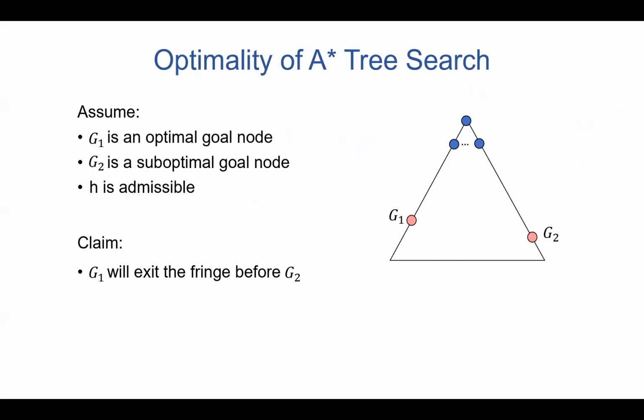For an admissible heuristic, remember, we're looking at tree search for now. We haven't made the transition from tree search to graph search algorithm. There's only one very important element in graph search that differentiates it from the tree search algorithm.